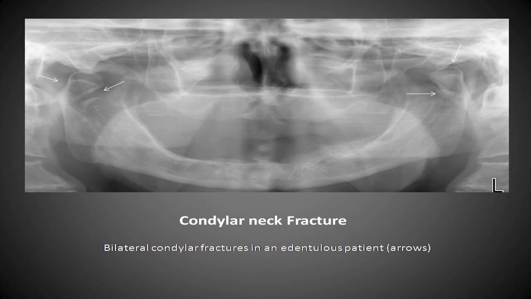One is to study any deformative or degenerative diseases related to the condyle, and second, when it comes to trauma, that is when there are subcondylar fractures or bilateral or unilateral condylar fractures in patients, that can be clearly visualized using an ortho. So these are the indications, uses, applications and principles when it comes to panoramic radiography.